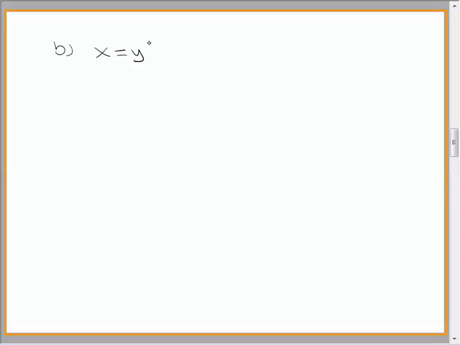We're trying to find out if this is a function, and so step number one is we solve for y. Here we can solve for y by applying the ninth root to both sides of the equation. This will cancel the power 9, and we get y equals the ninth root of x.